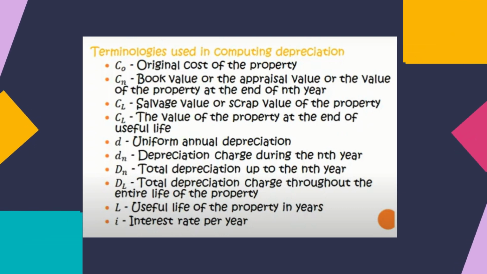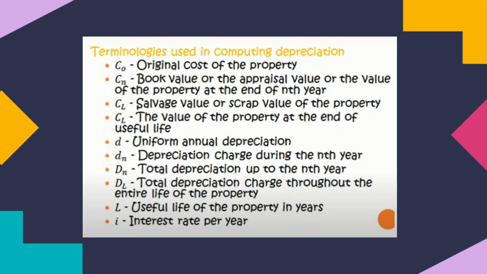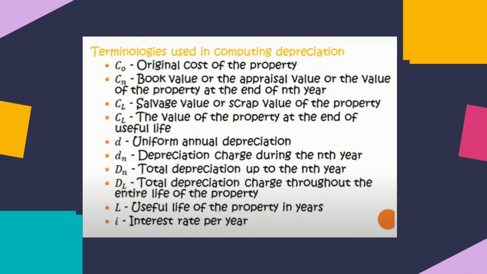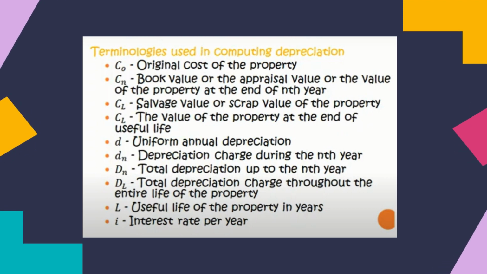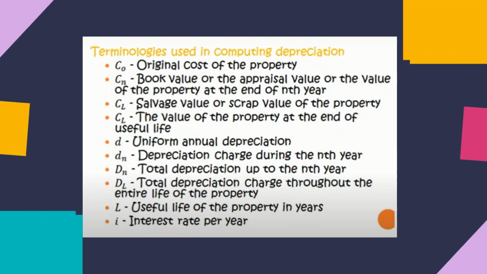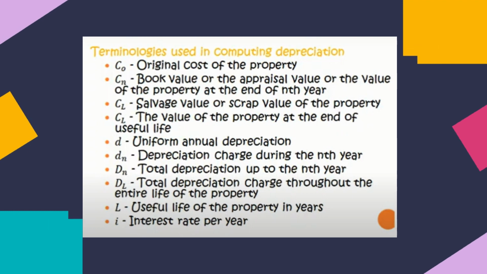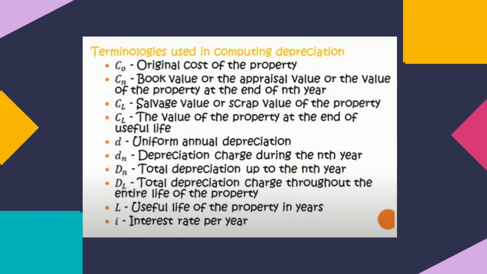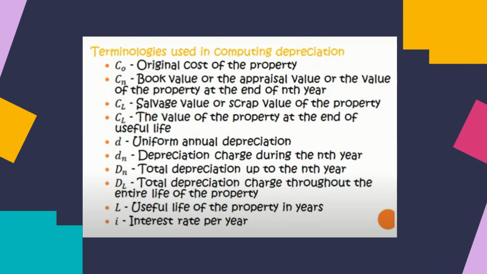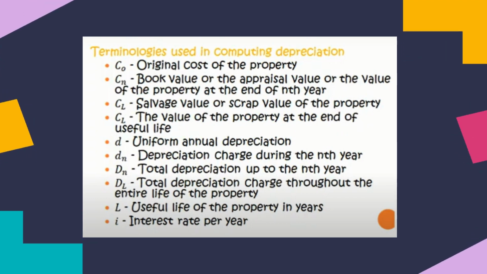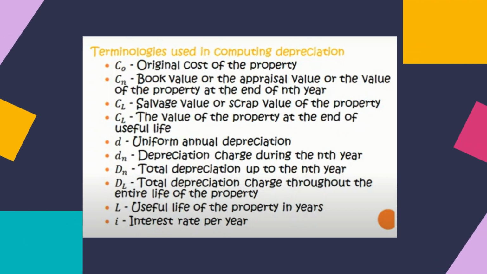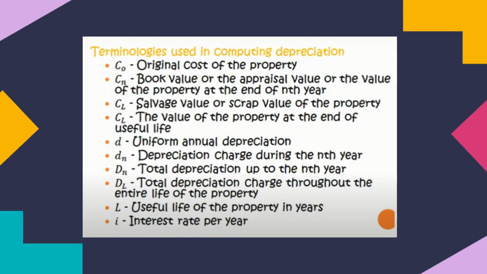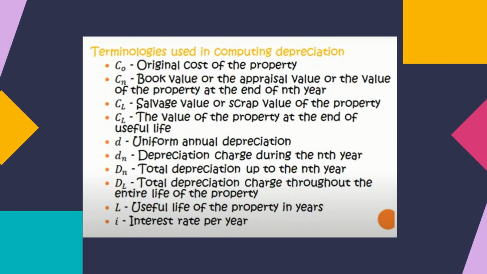Then the small d, uniform annual depreciation, and small d sub N, depreciation charged during the nth year. Then capital D sub N is the total depreciation up to the nth year. Then capital D sub capital L is the total depreciation charged throughout the entire life of the property, and capital L is the useful life of the property in years. And lastly, i is the interest rate per year.